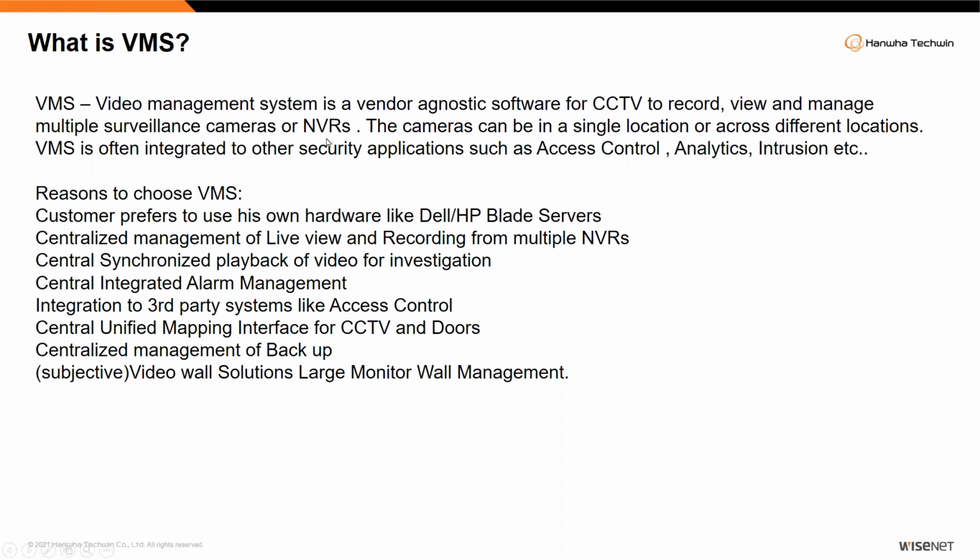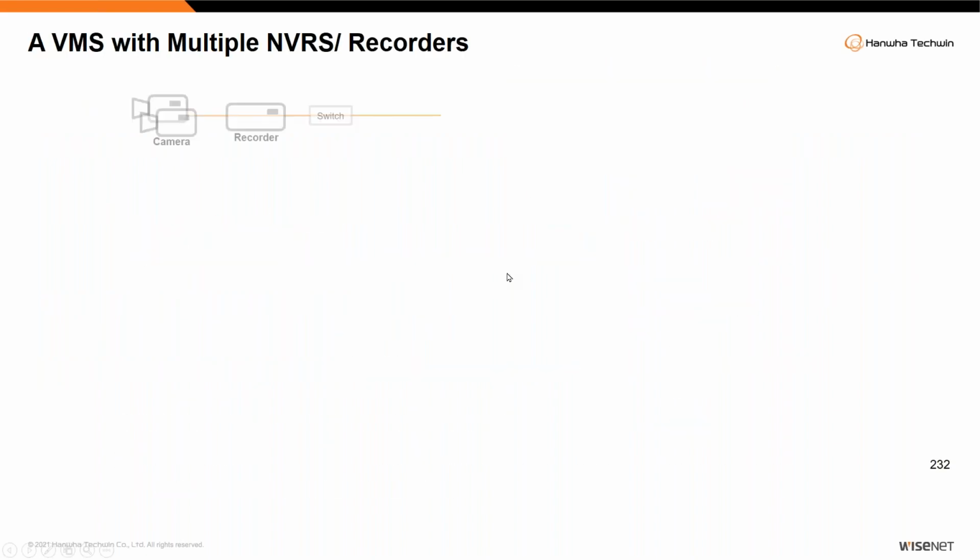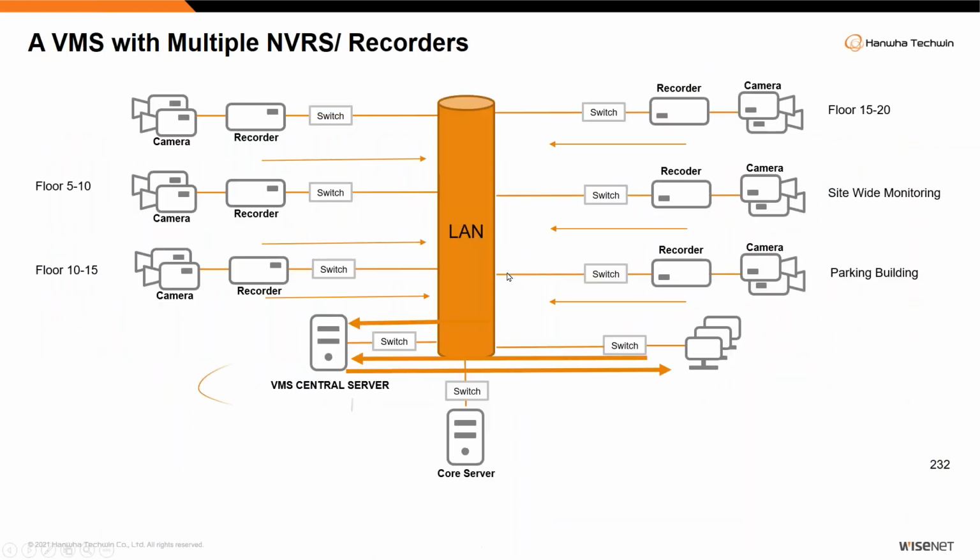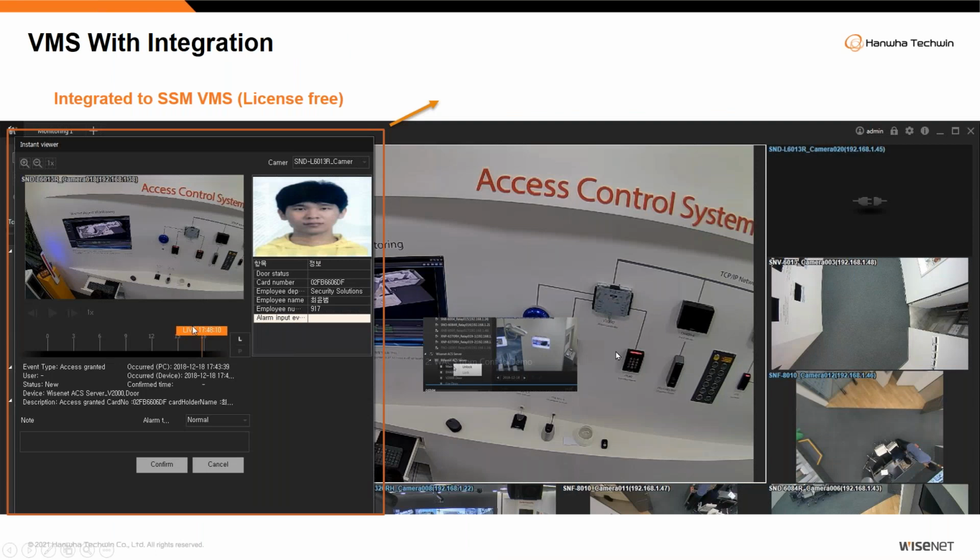Okay, another main purpose for using a VMS is to integrate with other solutions, access control solution. When there is an access control alarm, access denied, access granted, you need a pop-up with a video. So integration is now made possible when you use VMS application.